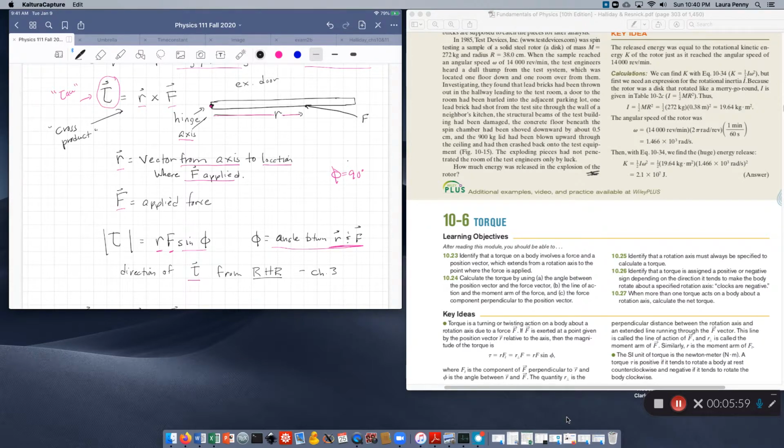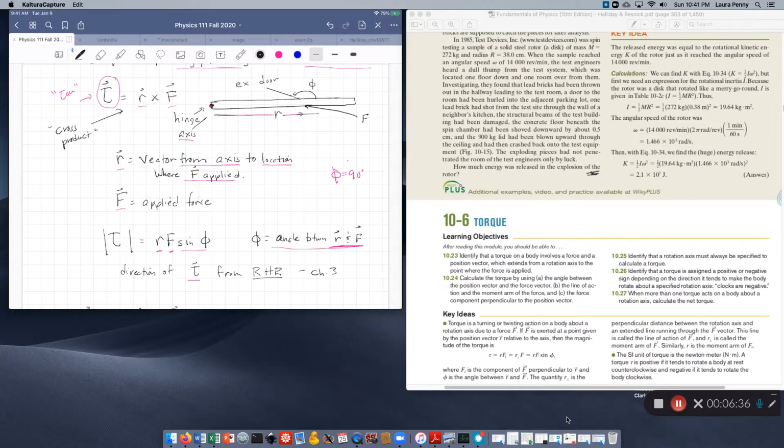There's my F. Now, my angle between my R and my F, it would be better to extend the F through. So if I extend that F through, I can see that the R is like that, so the angle is all the way over, like this.